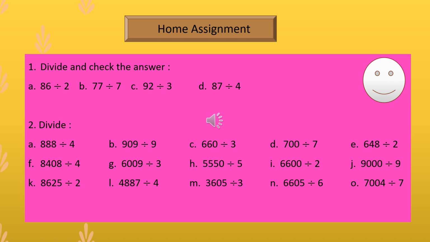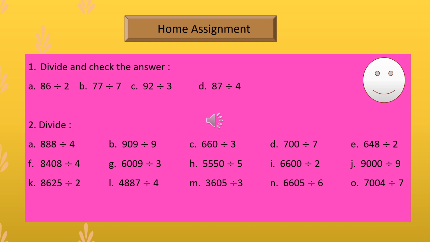A, 888 divided by 4. B, 909 divided by 9. C, 660 divided by 3. D, 700 divided by 7.